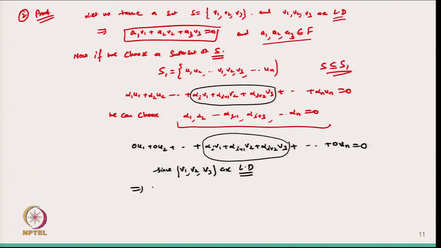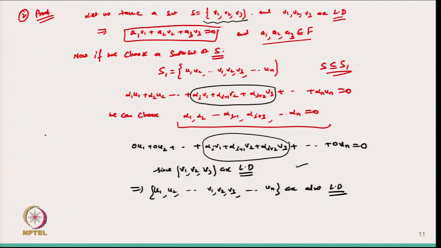So, from here I can say that even the set U1, U2, V1, V2, V3 and Un is also linearly dependent, because in this case we have taken a set S which contains only 3 elements that are linearly dependent, and then we have taken a superset of this one and shown that it is also linearly dependent.